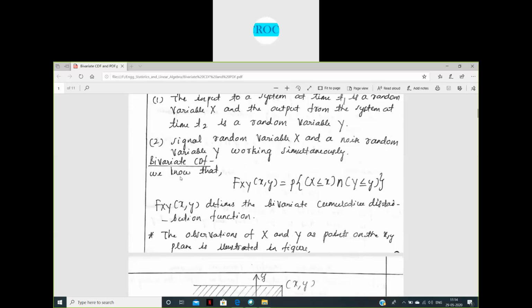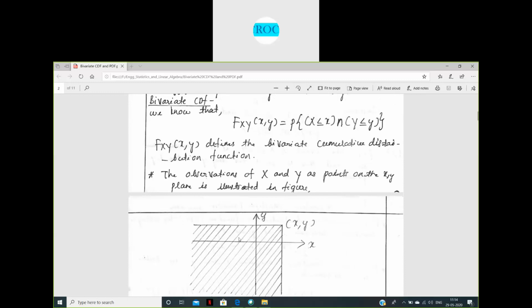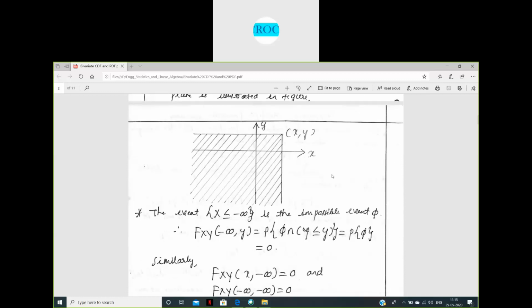Now we know the definition for a bivariate CDF, which is equal to the probability that X less than or equal to x, intersection with Y less than or equal to y, and this is shown in the diagram. The observations of the random variables X and Y as points on the XY plane are shown in this diagram.